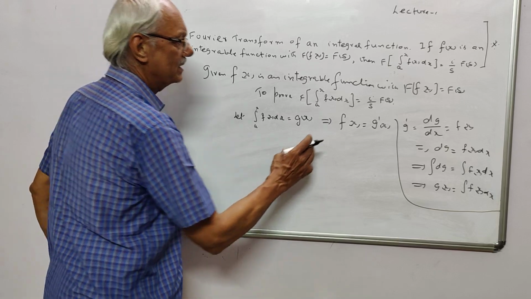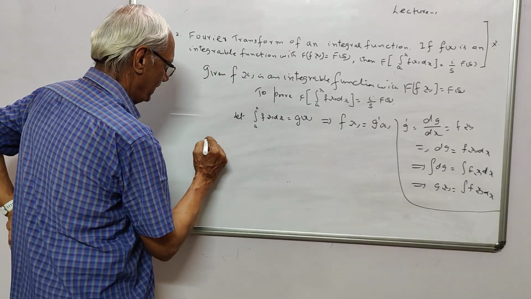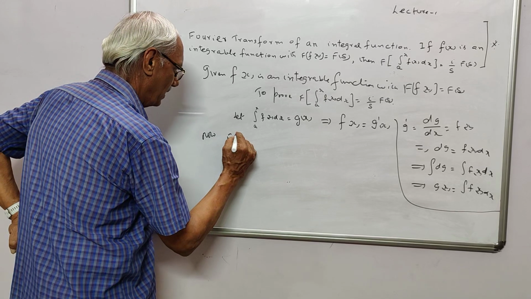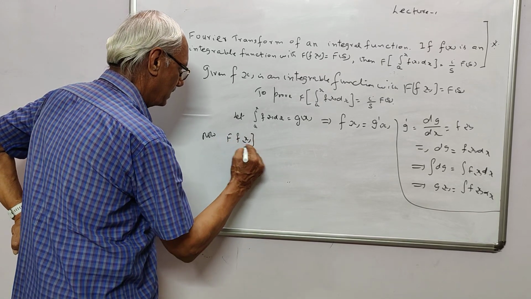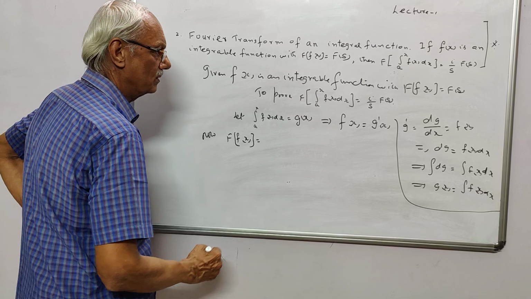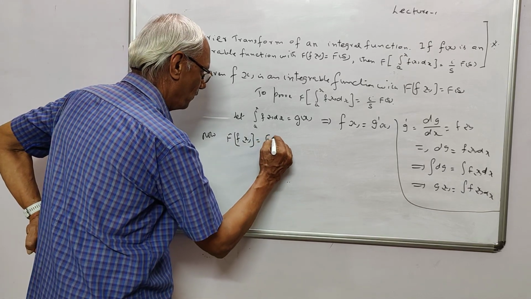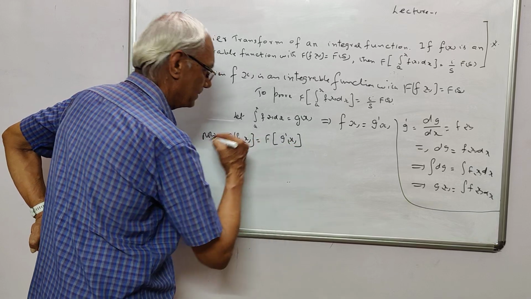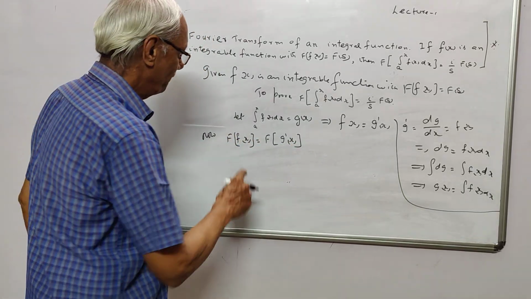Now let us start taking this. Now f of x is equal to g dash of x.